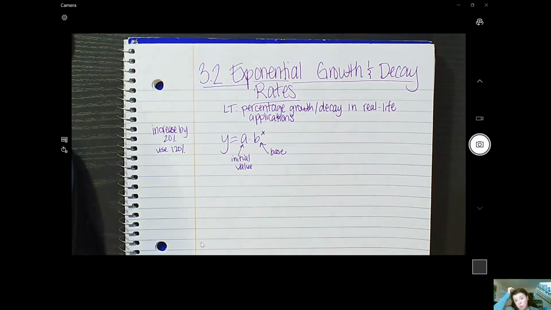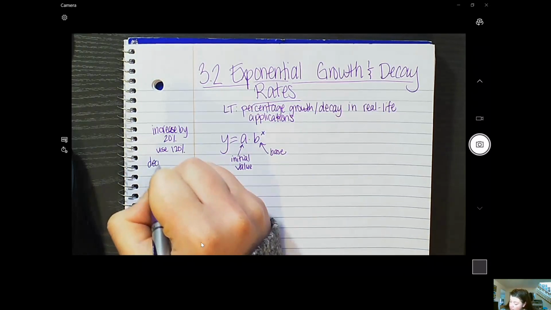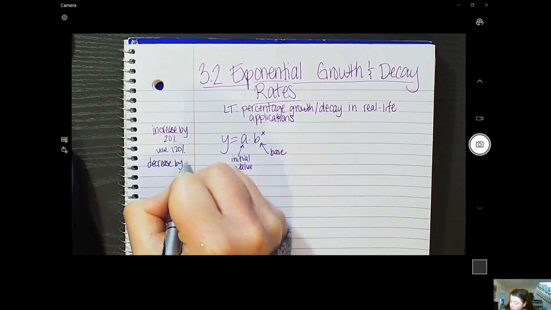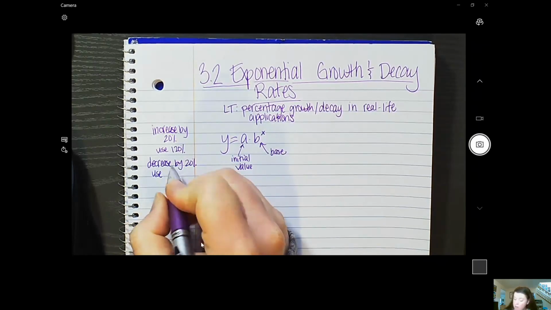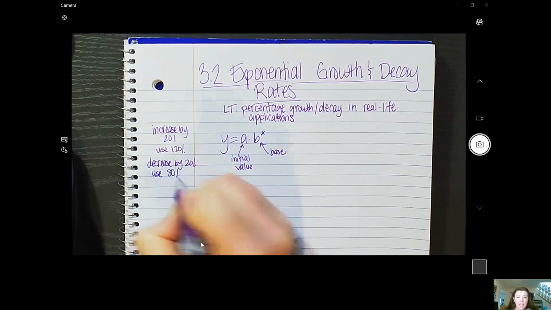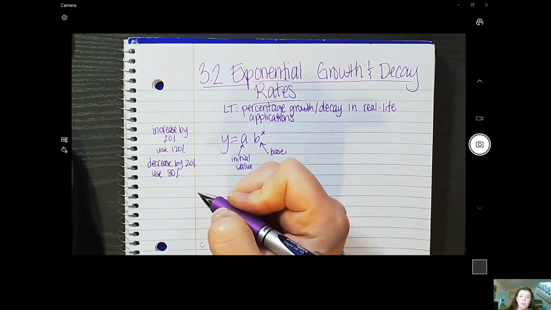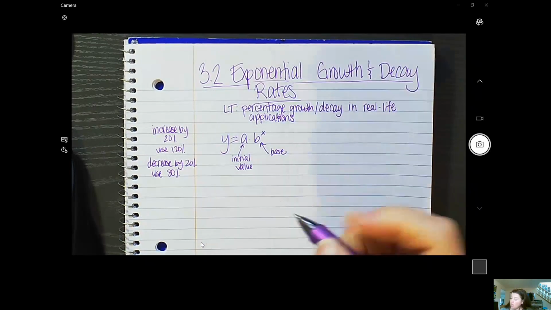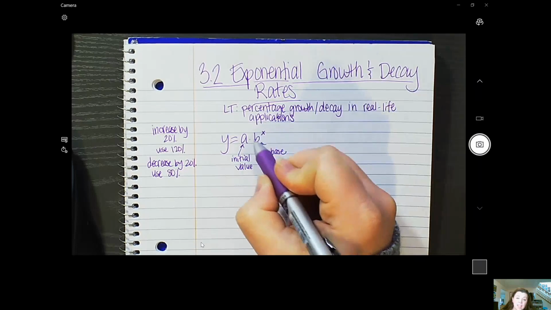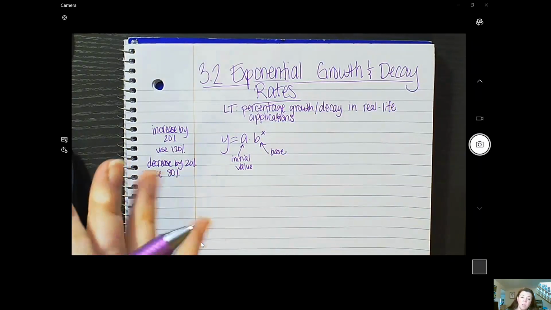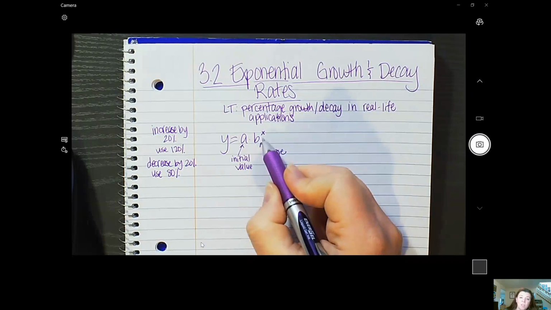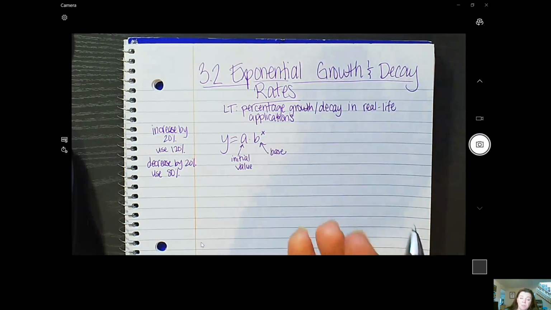And if it's increasing by 20%, then you need to use 120%. If I were to say decrease by 20%, then how different is that from 100? You put it as 80% because you would subtract it from 100%. So the base is going to be adjusted from 100%, because 100% would be normal. If I put 100% there, then basically I'd be putting 1.